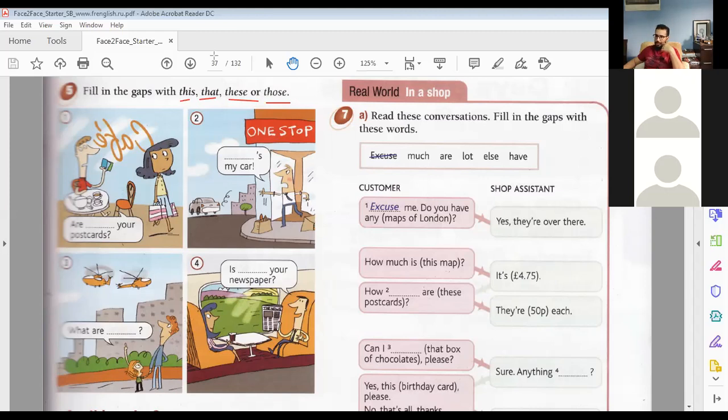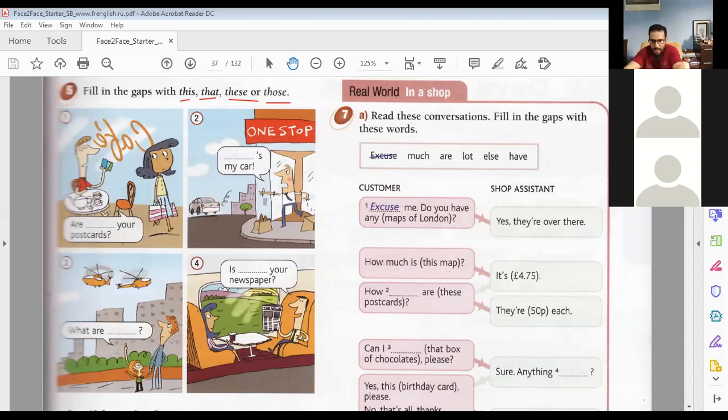Very good. معناها بما ان الشيء here قريب وبلورال، Which one is the correct one؟ These. These your postcards. Very good.